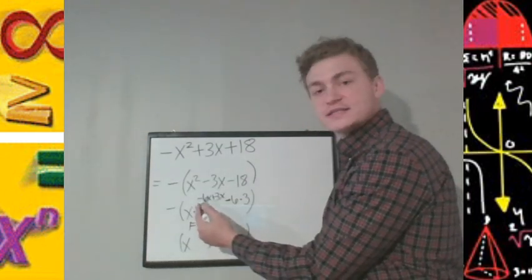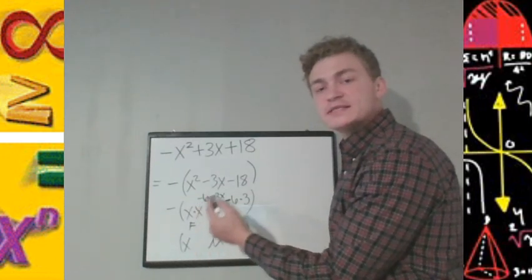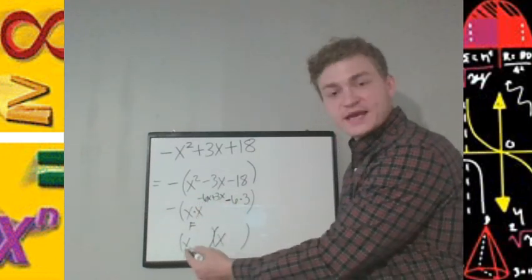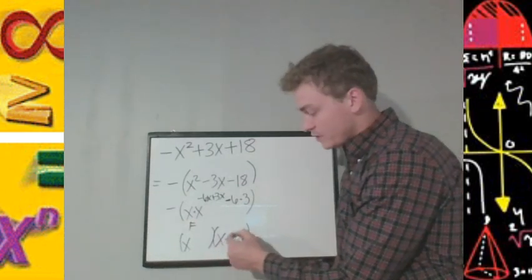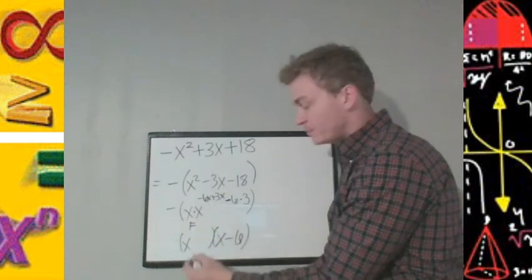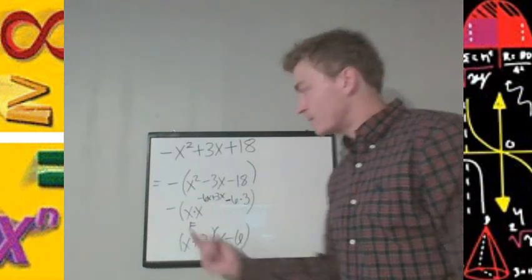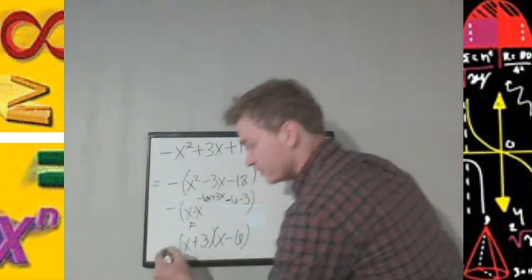The minus 6x was our outer product, so a minus 6 and an x multiplied together. Here's the x. Here is our minus 6. Plus 3x implies a positive 3.